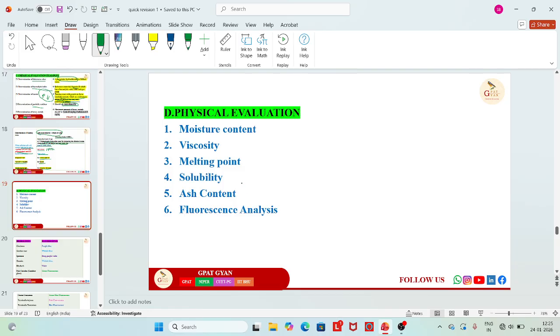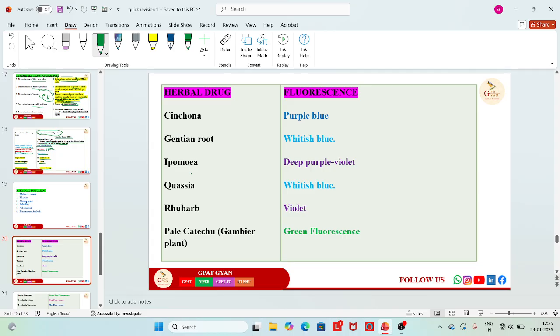And the fluorescence analysis, this is one important point. For the fluorescence analysis, you have different drugs, and basically from these drugs questions come. So that is why the drugs are given here with the fluorescence color. Cinchona is giving purple blue, gentian root is whitish blue, ipomoea is deep purple violet, quassia is whitish blue, rhubarb is violet, pale catechu or gambier, it is giving green fluorescence.